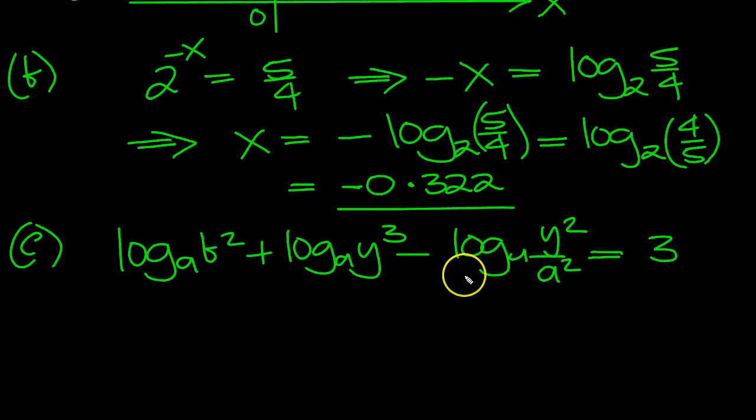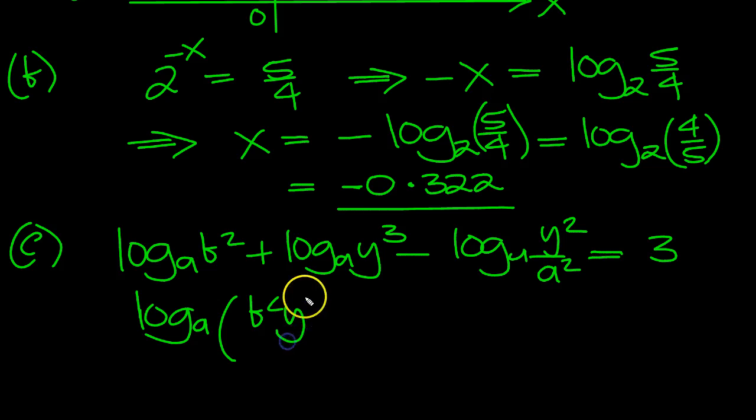So now we can combine the logs. Plus is times, so we've got log base a of b squared y cubed. Minus is divide, and it's divided by y squared over a squared. We can move the a squared back up and use the properties of fractions. That's equal to 3.